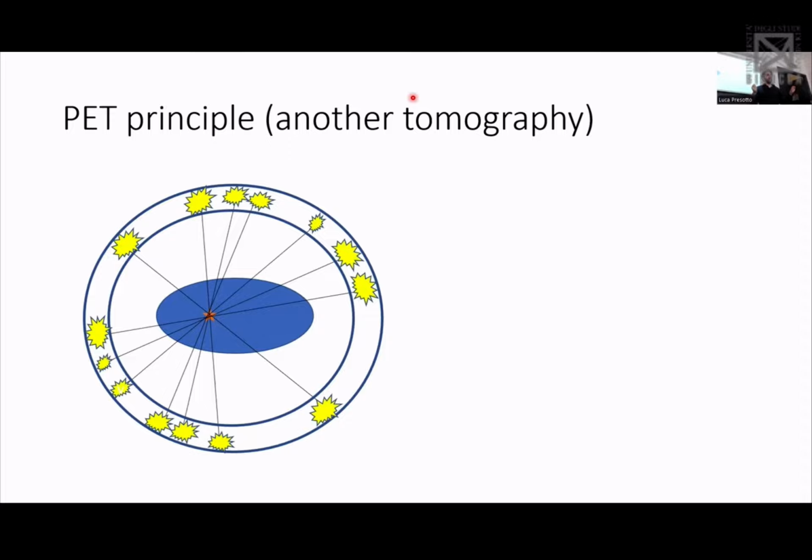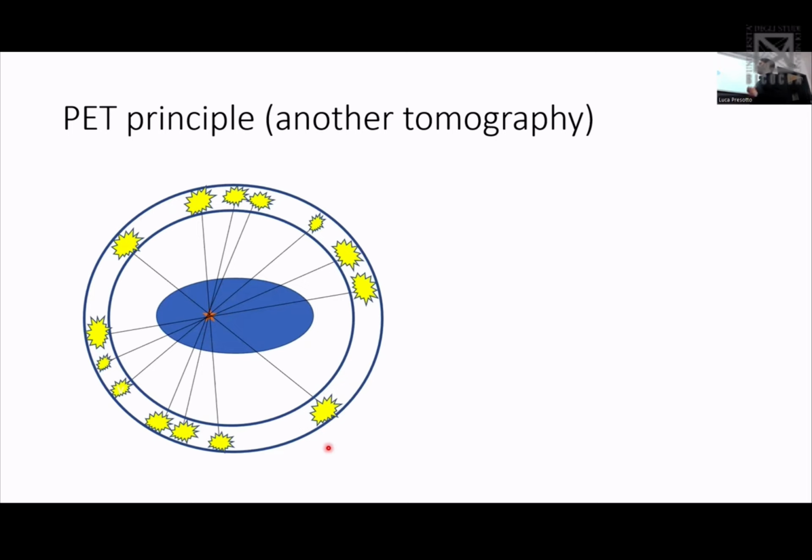You tell the detector to record when two photons of one specific energy arrive at exactly the same time. Given that you know that the two photons are exactly back to back, you can just draw a line. And you know that the emission should have happened along this line.